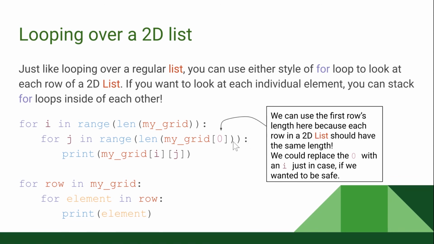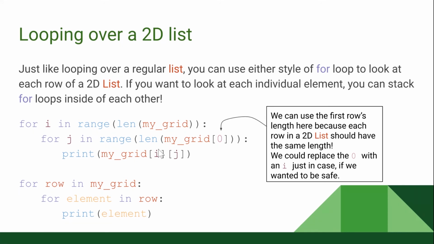If you want to, just in case, use i instead of 0 here, that's perfectly fine, but I like to use 0, so I'm going to be using 0. And then if I want to actually access my 2D list at the index I'm currently looking at, I can print my grid at index i at the row value and then the column value, which is stored in j.